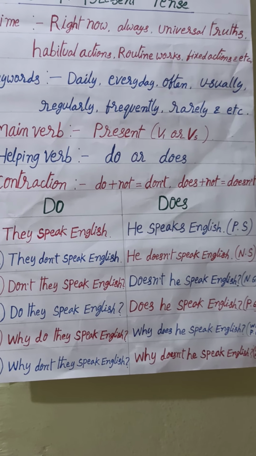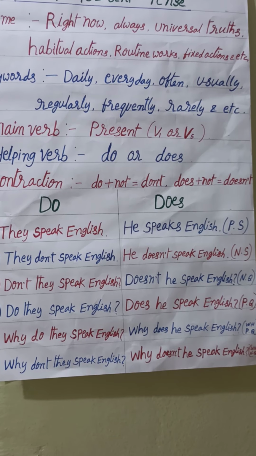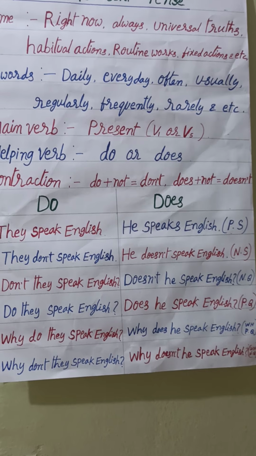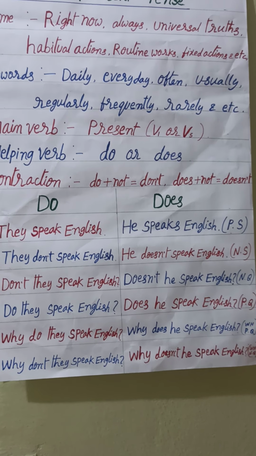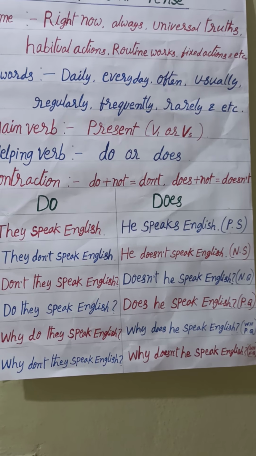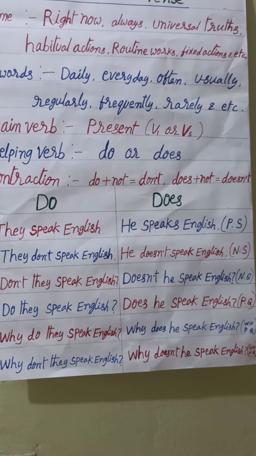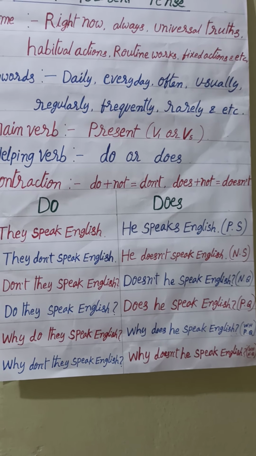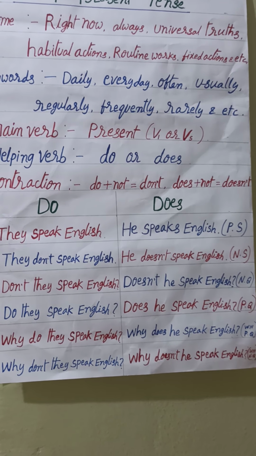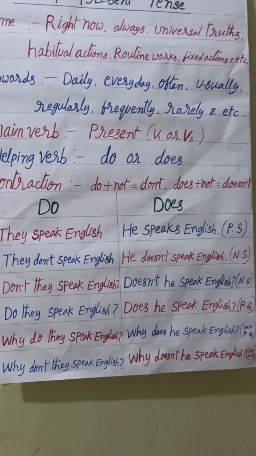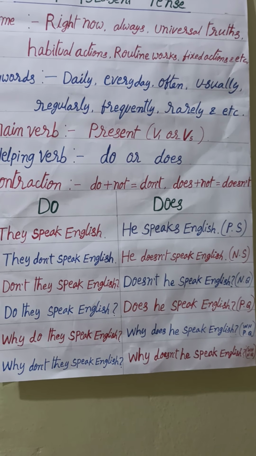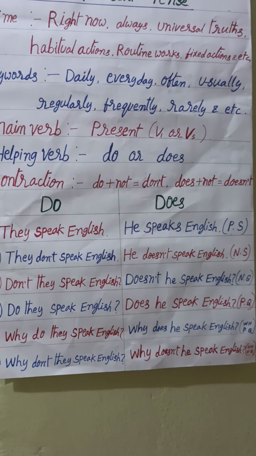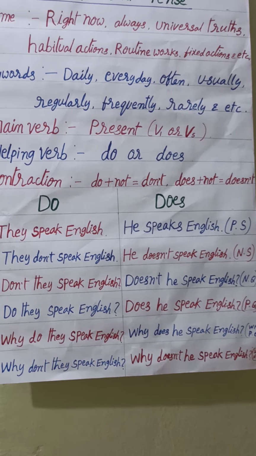Main verb present. Already we learned the main verbs and suffix S or ES in lecture 5th. There we learned V1 plus S or ES is equal to V5.